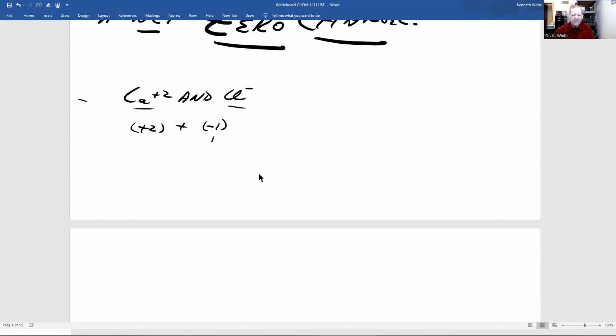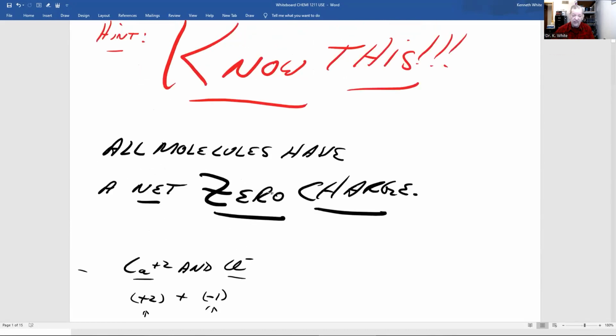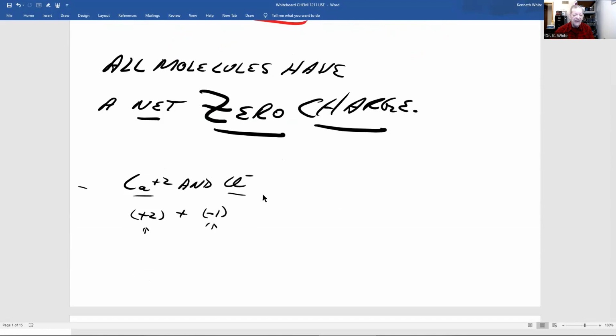You cannot change these numbers, the charge of the ion, but you can change how many. Remember, all molecules have a net zero charge, which means this has to add up to 0. Well, it doesn't. How do you make it add up to 0? If I have 1 calcium and 2 chloride, it will be 0. How do we show that? 1 calcium and 2 chloride, and that's calcium chloride.